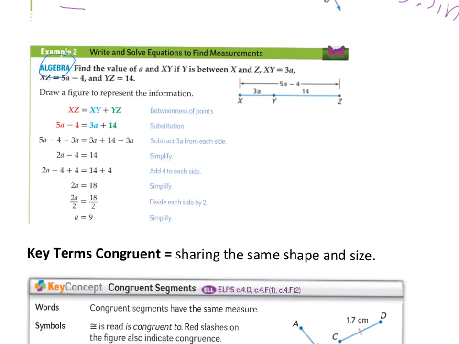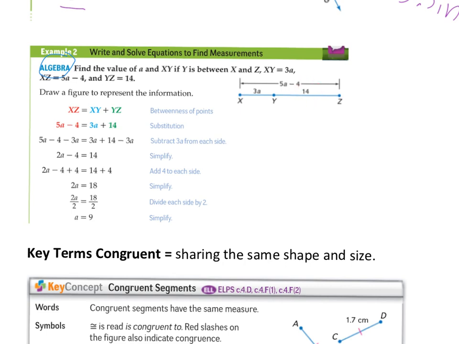Now folks, in these sorts of problems, it's usually a good idea to draw a picture, and they've already gone ahead and drawn the picture for us, such that the distance between x and z is indicated by 5a minus 4. The distance between x and y is indicated by 3a, and the distance between y and z is indicated by the value of 14.